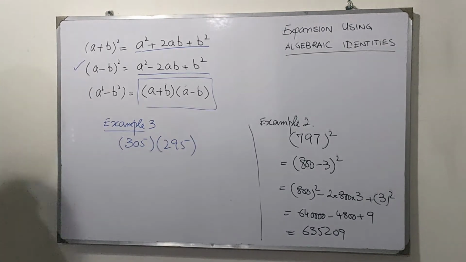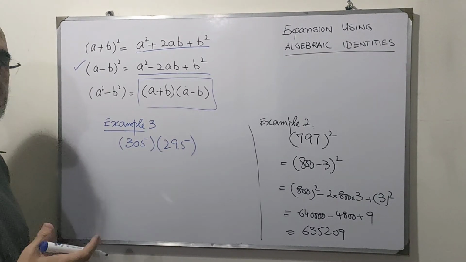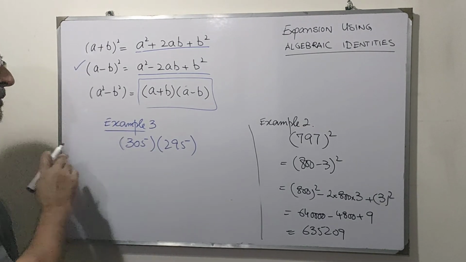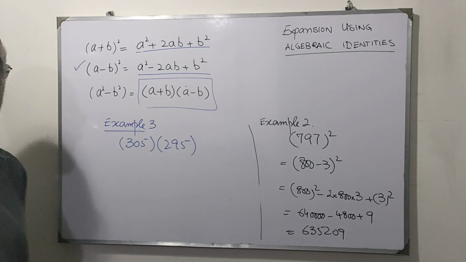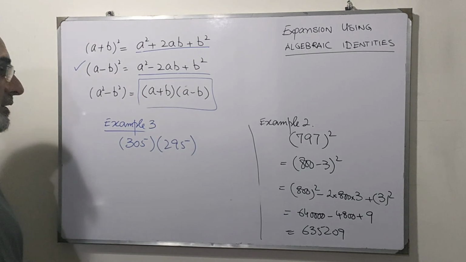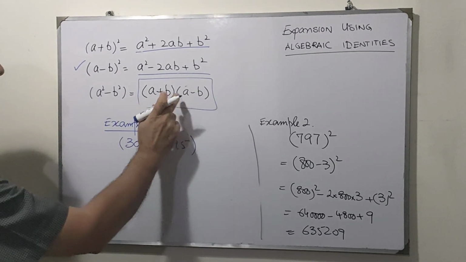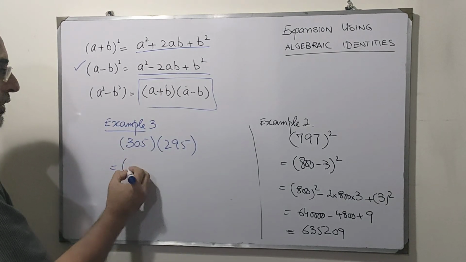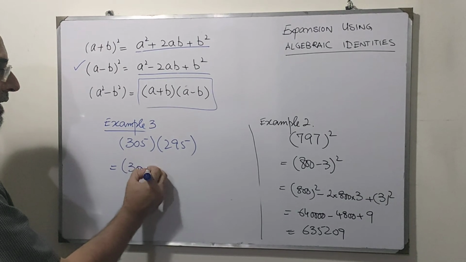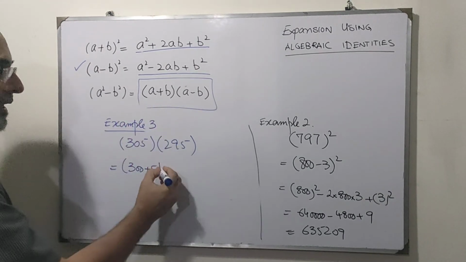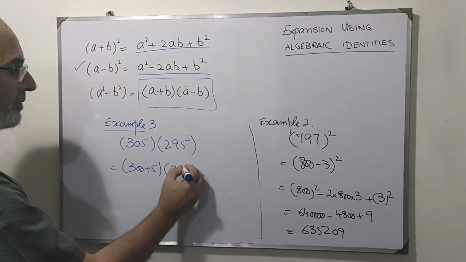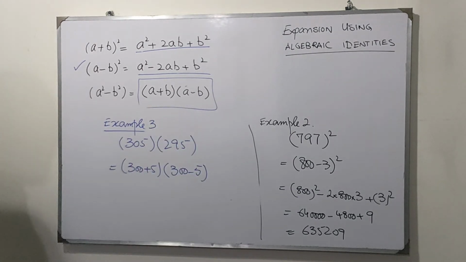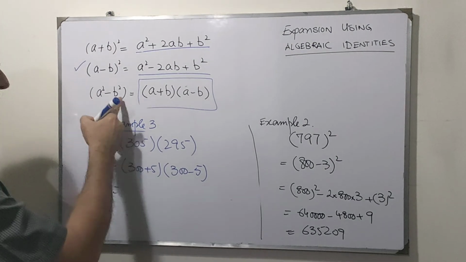Now if we have this thing, we don't have a square, but we have two numbers. If we have two numbers, it means it's going to be the third identity, which is a plus b into a minus b. So let's make it in that form. It is actually 300 plus 5, so it becomes a plus b, and 300 minus 5, it becomes a minus b. So what are we going to do? a square minus b square.